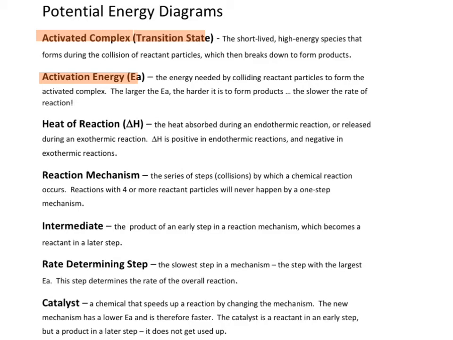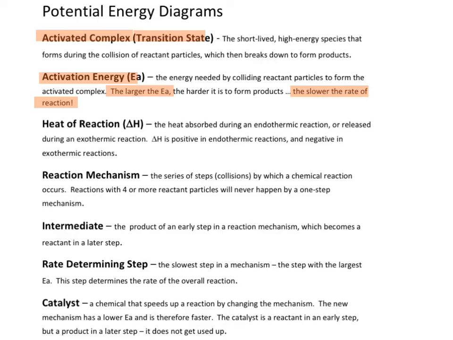A very, very important idea is that the larger the activation energy is, the slower will be the rate of the reaction. And that's because the larger the EA, the harder it will be to form that activated complex, and therefore the harder it will be to form the products.